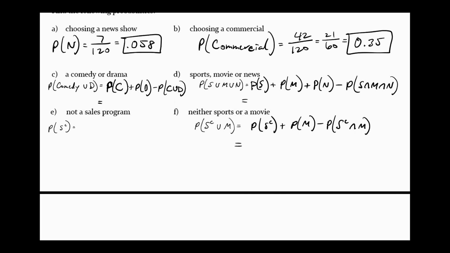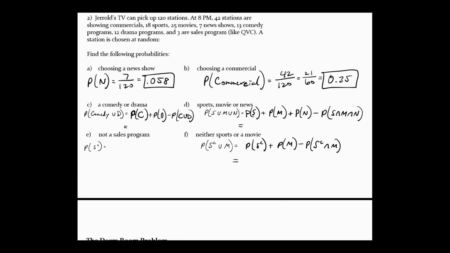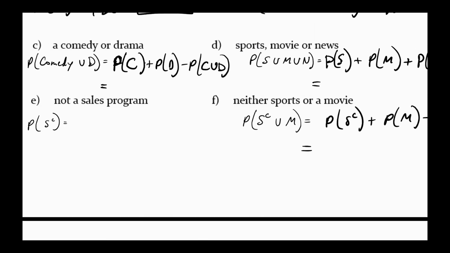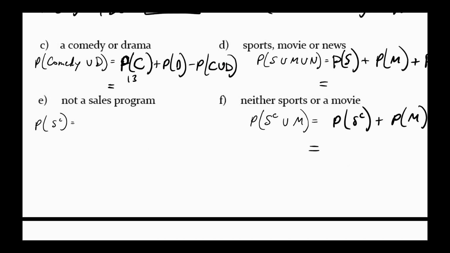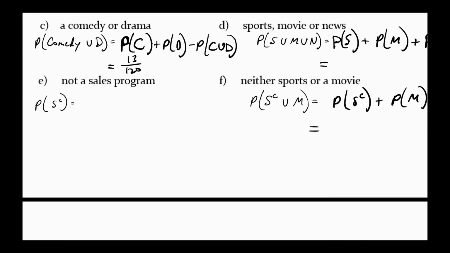Comedy or drama. Probability of a comedy is 13 out of 120. Probability of a drama show is 12 out of 120. Probability of a comedy and should be and.